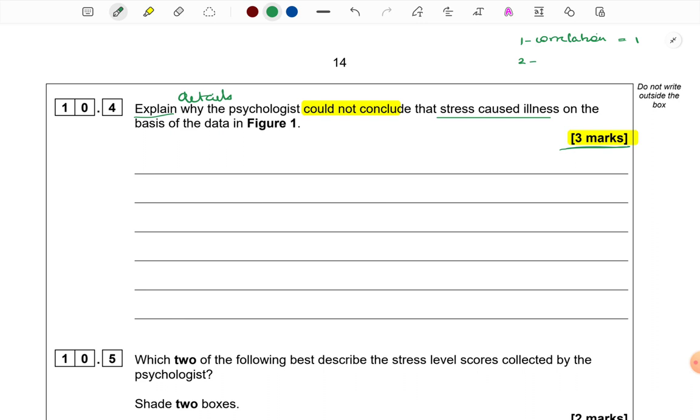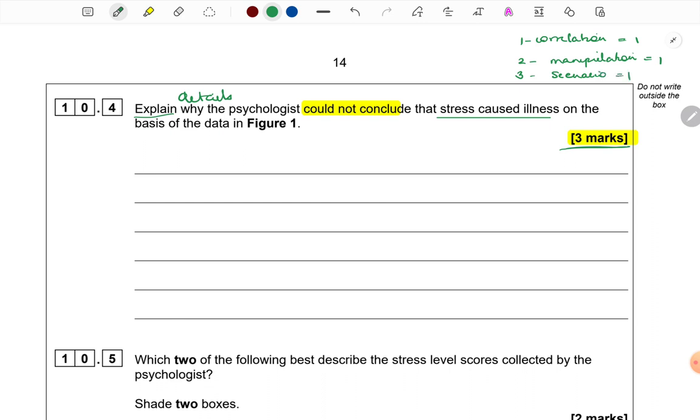The better way of explaining is to talk about manipulation. So in my next line for 1 point, I would suggest that correlational studies do not involve manipulation of variables. And in the third line, making it specific to the scenario, I'll explain what I mean by this.